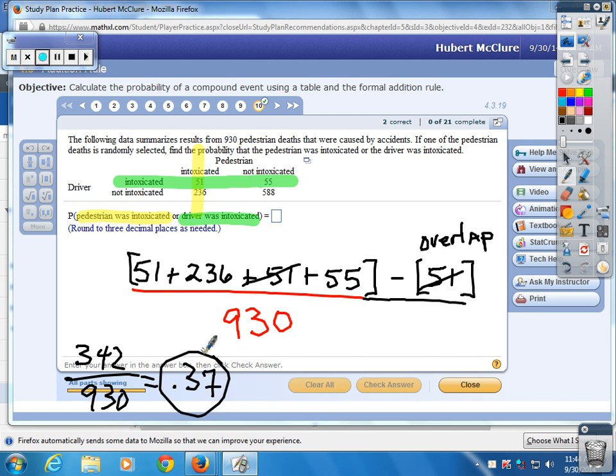So your probability of pulling a pedestrian drunk or a drunk driver with just one draw is going to be 40% or 37%, whatever they tell you to round to. Okay? Question?